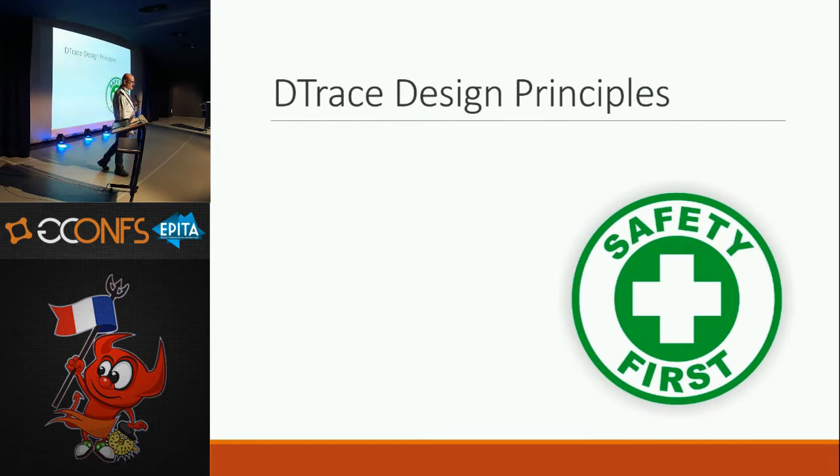Okay, so safety first. One of the things that's important to understand about how we use DTrace and how we would like to improve DTrace or move DTrace forward, you have to go back to the DTrace design principles. When DTrace was originally built, it was built so that it would have no overhead when not in use. And people seem to miss the last part.